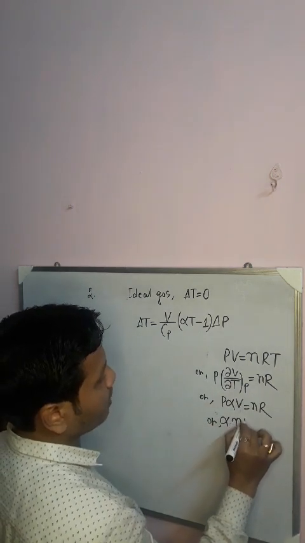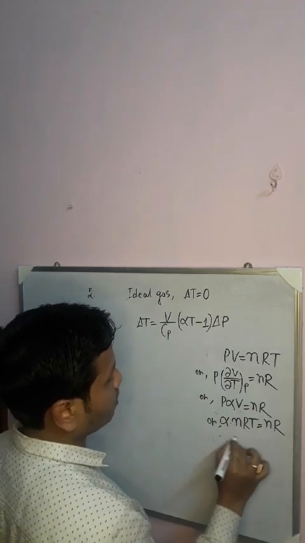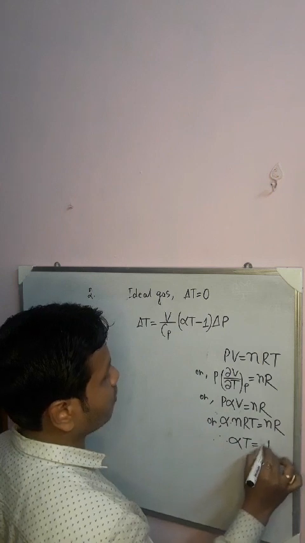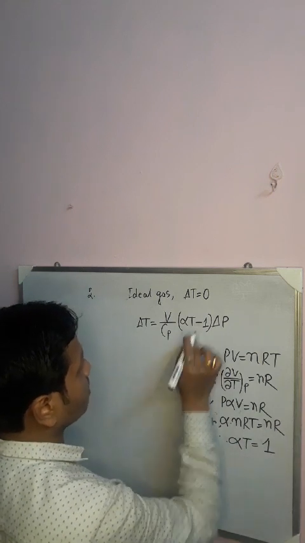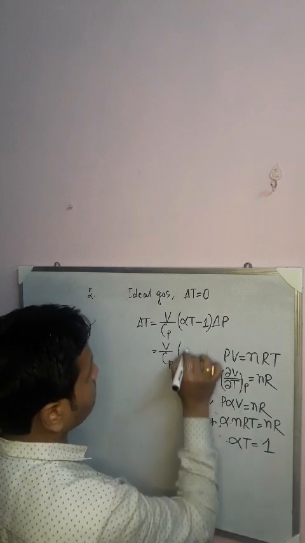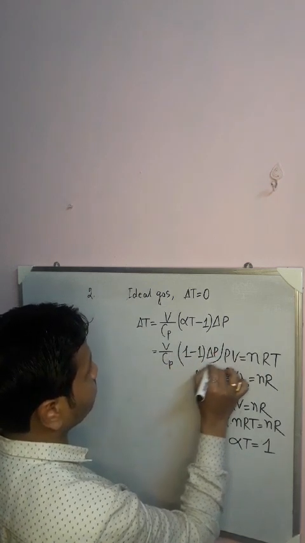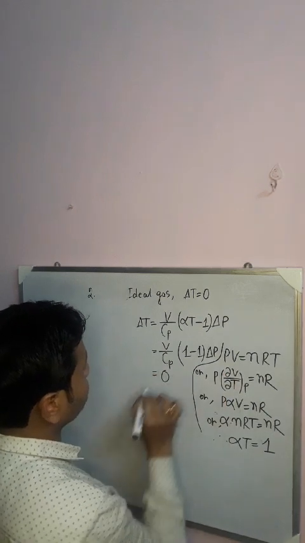So what we get? Alpha nRT equals nR, so alpha T equals 1. Substitute this value in this equation: V by Cp, alpha T is 1, so 1 minus 1, del P. So this is simply 0.